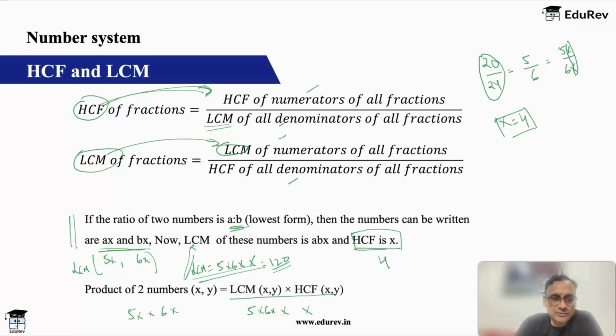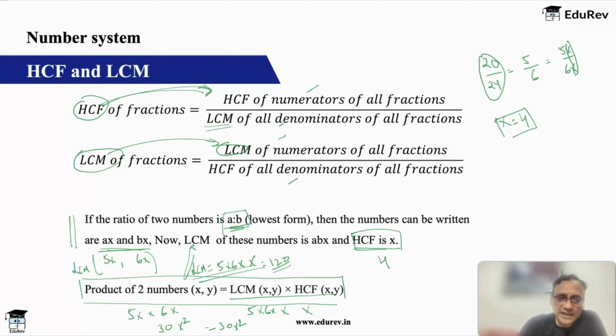So you can see that you get 5 into 6, 30x square on the left side, and 30x square on the right side. So very important, product of two numbers is equal to their LCM into HCF, and if the numbers are in the ratio of A is to B, then ABX is the LCM and x is the HCF. Okay, let's apply this in some questions to understand this better.